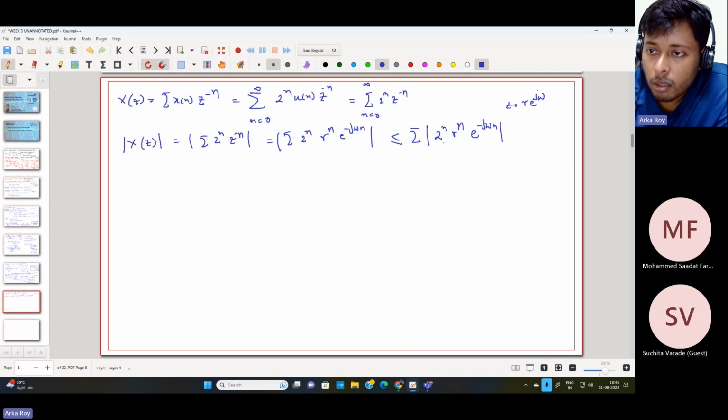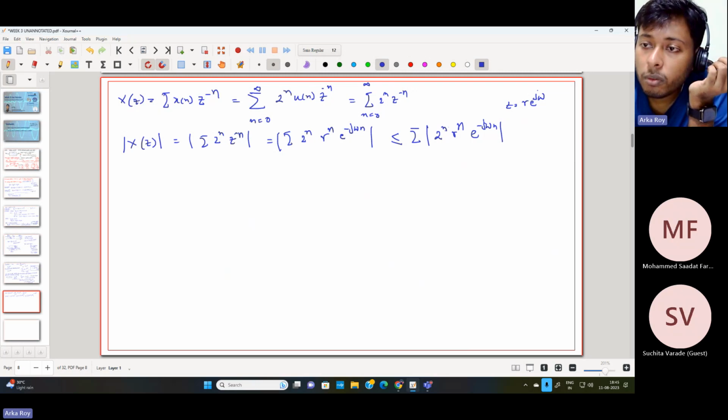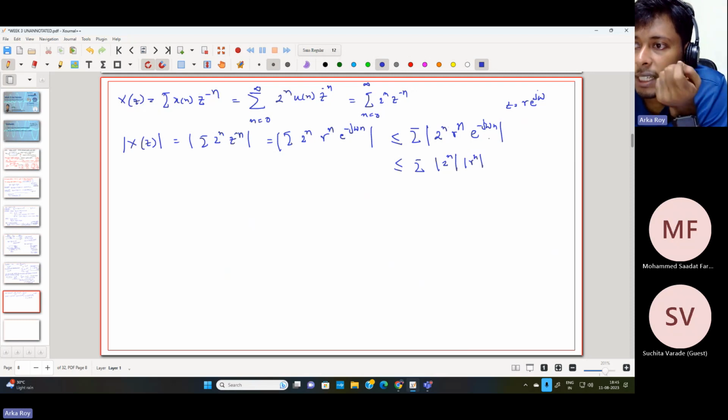These are multiplicative with each other, so the mod of a product is the product of the mods of each term. So I can write it as the summation of 2 to the power n, r to the power n, and this will be equal to 1 because e to the power minus j omega n, if we take the mod, effectively reduces to 1.